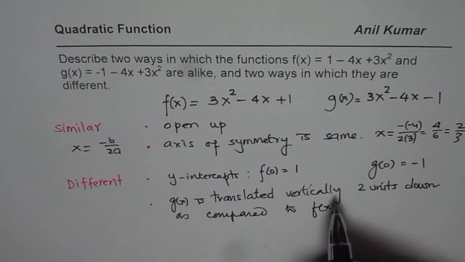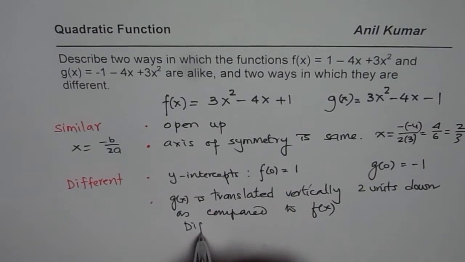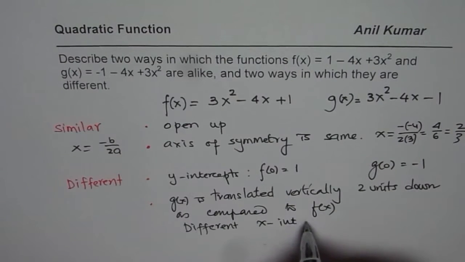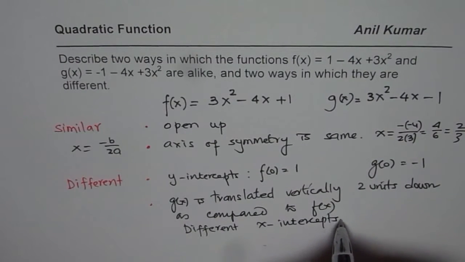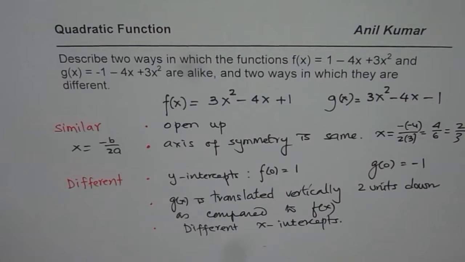So that is a difference, and that difference actually also results in different x-intercepts. They have different x-intercepts since it is translated down.